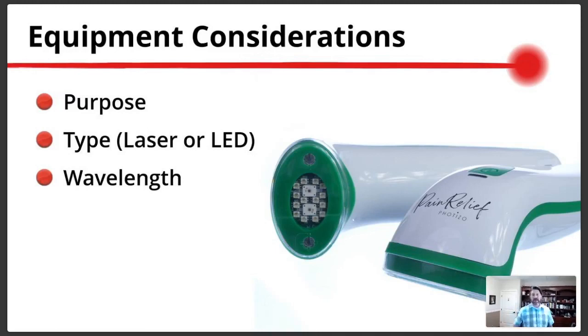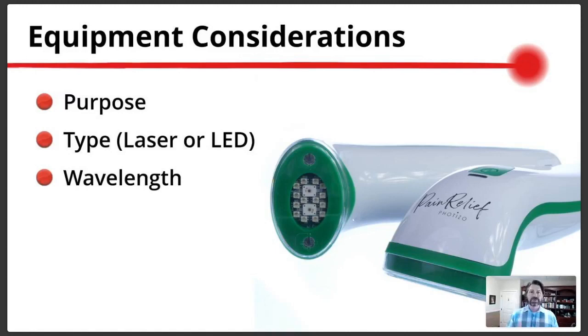Then wavelength. When you're dealing with pain, the two wavelengths you want to look for are red and infrared. In the red spectrum, 635 nanometer, right in that area, is the most effective. That has the effects we talked about, ATP production, nitric oxide production. The infrared penetrates more deeply.